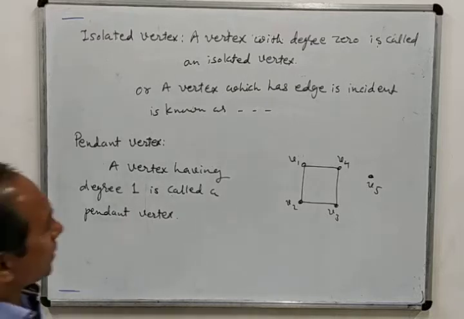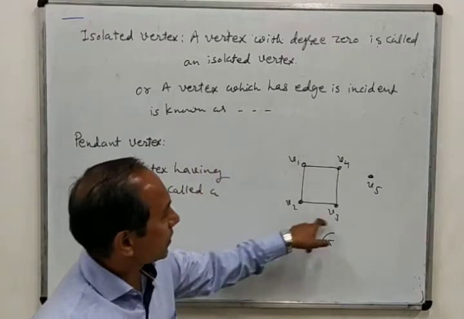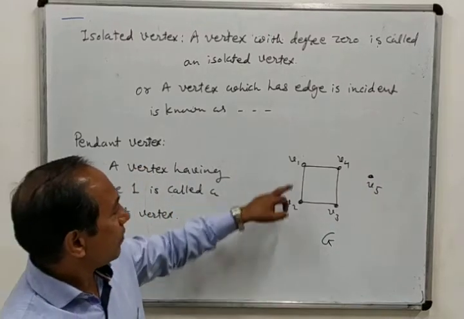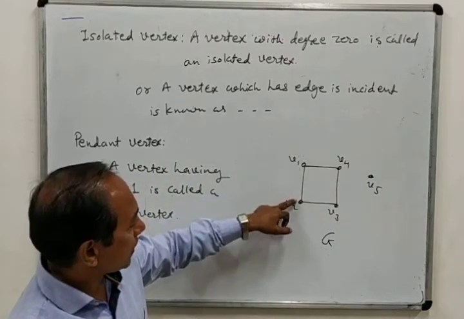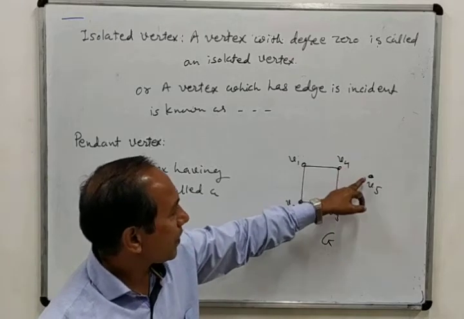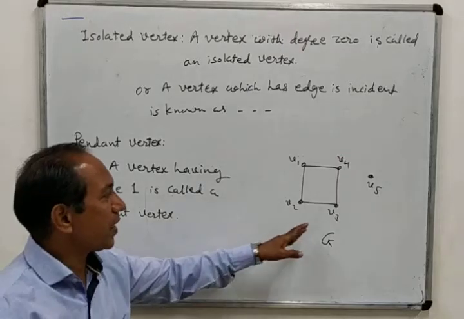So if you see this graph, and below that you also name the graph, that G. That means this whole is a graph G. Here you can see that V1 has degree 2, V2 has degree 2, V3 has degree 2, V4 has degree 2, and V5 has degree 0. So there is no vertex in this graph with degree 1. So this graph has no pendant vertex.